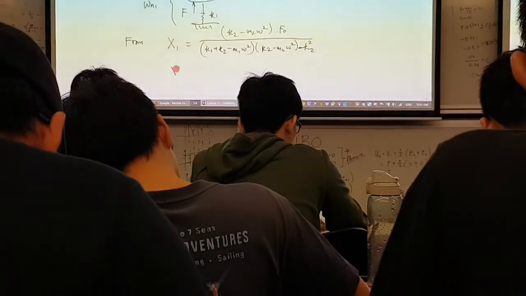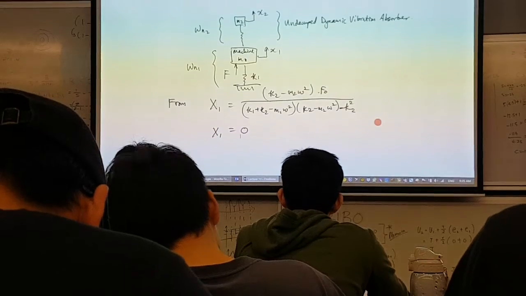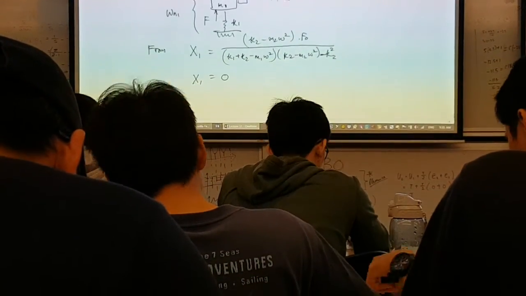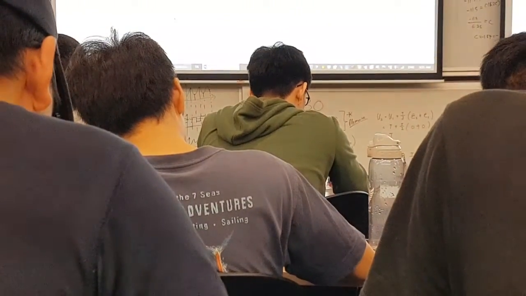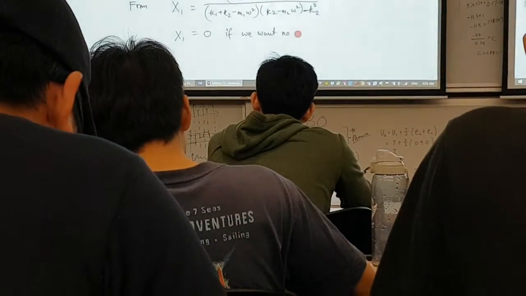So if I want to make sure that it does not do that, I want to force this X1 sine omega t equal to 0. So if this is equal to 0, that means we want no vibration from the machine.